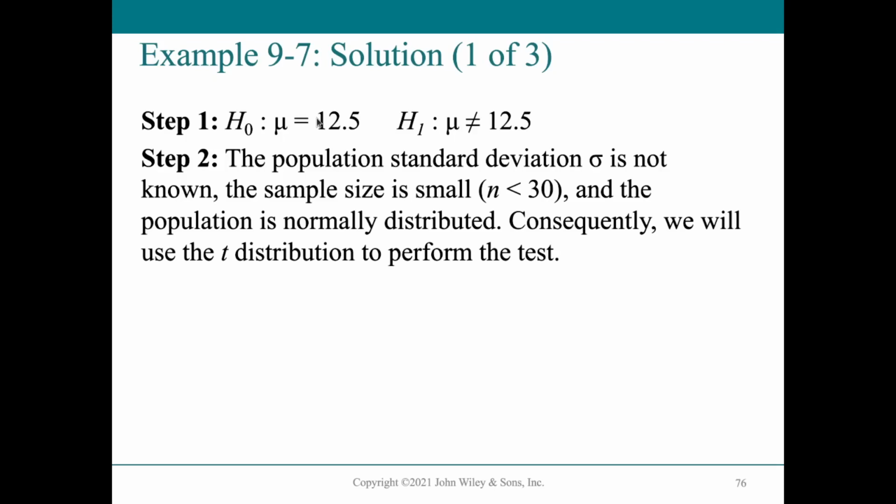Even though the sample mean is greater by 0.4 months from the claim of the population, that difference is negligible, such that we can still say it's close enough to the claim of 12.5. Therefore, our population mean is still 12.5 because the difference of 0.4 months is really insignificant.